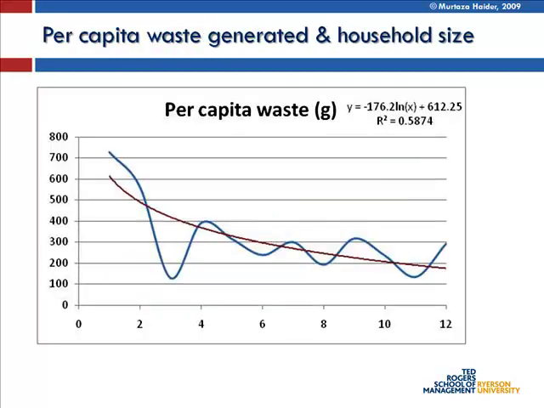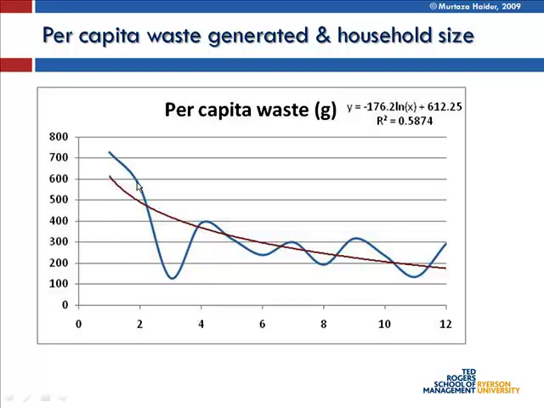However, if I present to you the per capita waste generated as a function of household size, which you see in this next graph, you will see that in fact the per capita waste generated declines with the increase in household size. And these are the trends that we were looking for when we started this research. We wanted to know the impact of household size on waste generation rate, total waste generation, and also per capita waste generation.